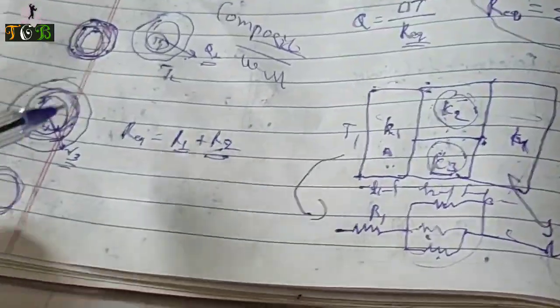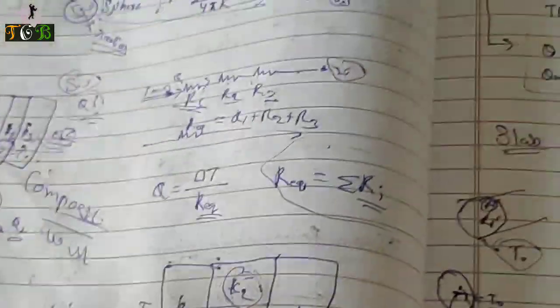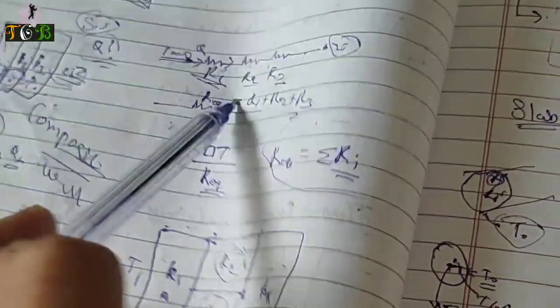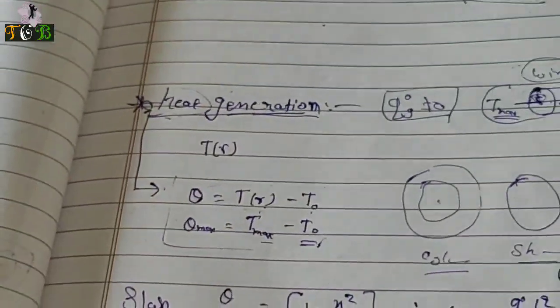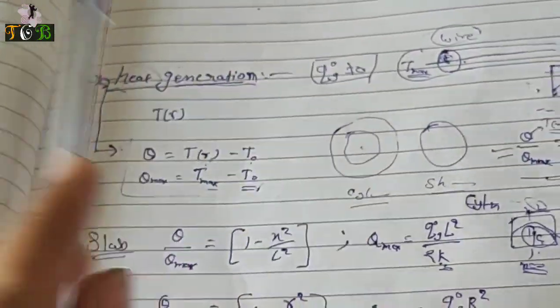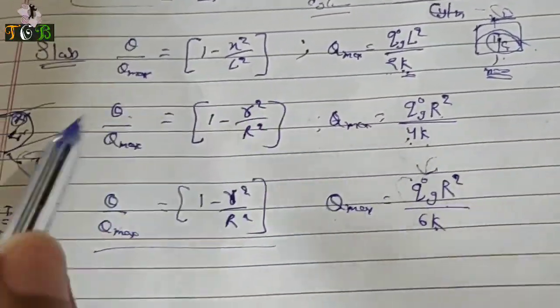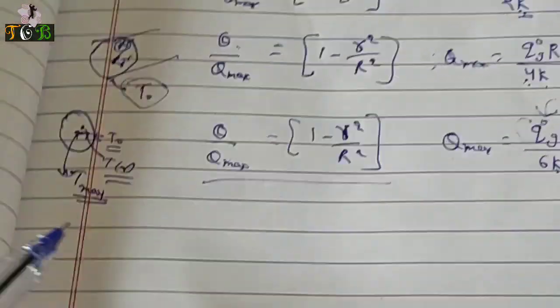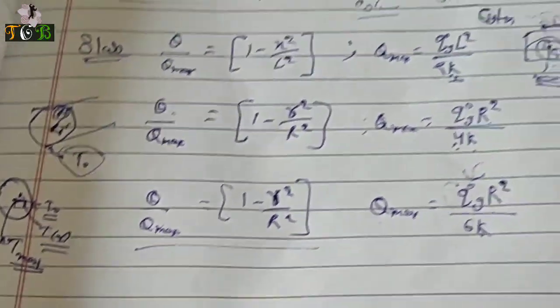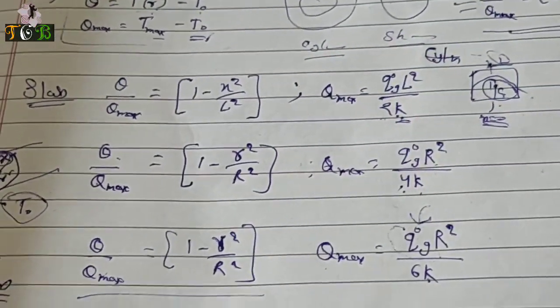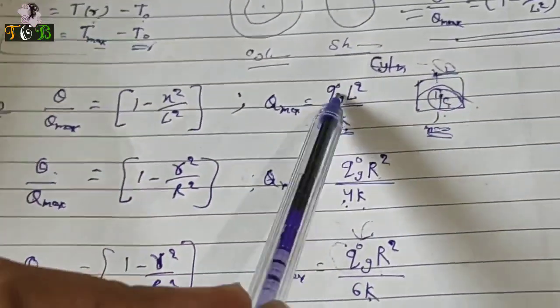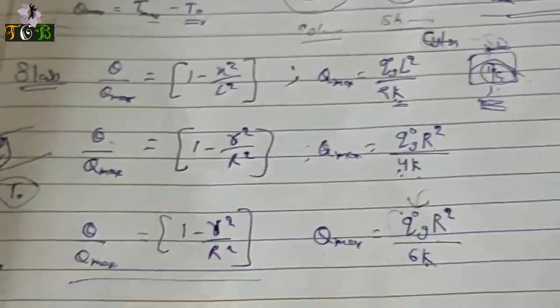You can add the values of R and solve it. Also, if heat is being generated, you know how to use this formula, which shows the temperature profile, and they will ask you what the temperature at a particular point is at steady state heat transfer when there is QG heat generation.